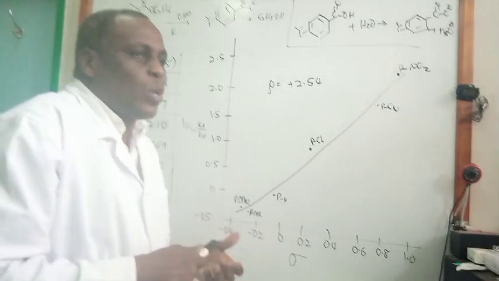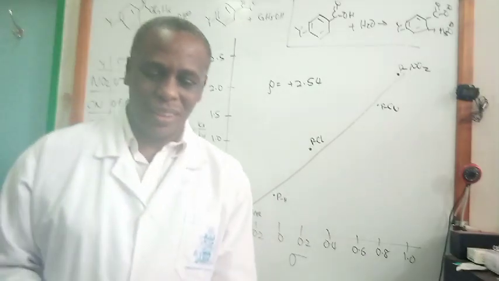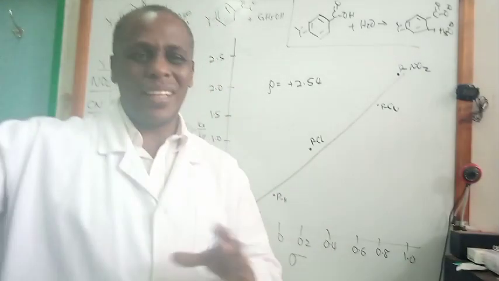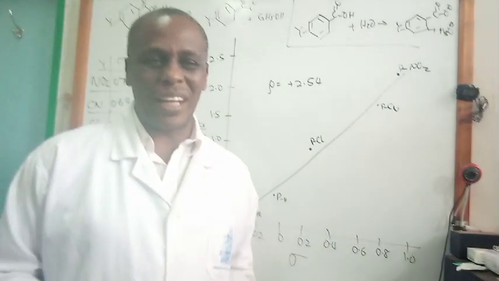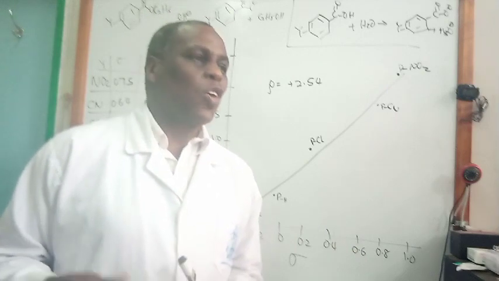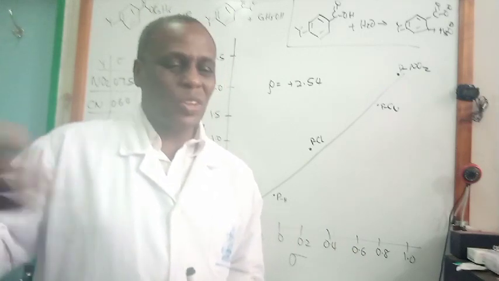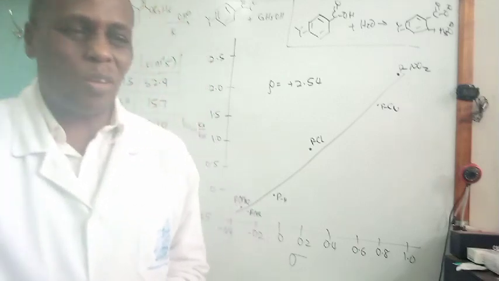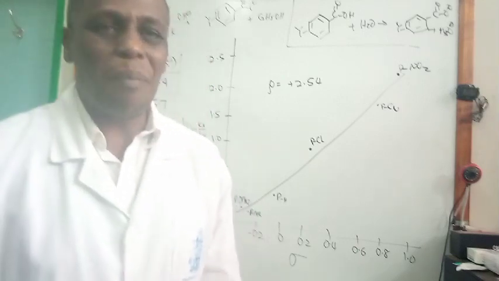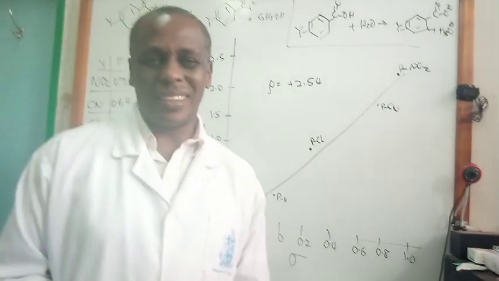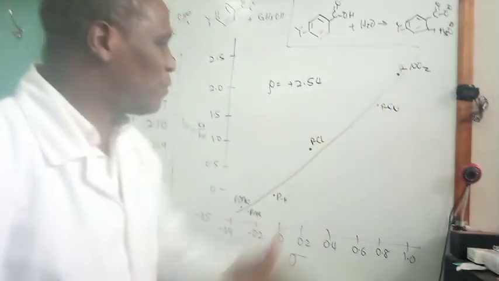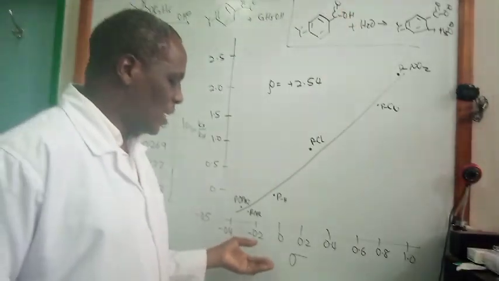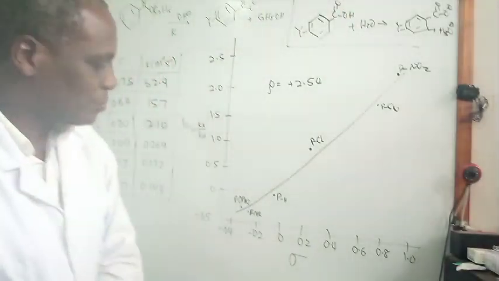The ones which were withdrawing electrons from the benzoic acid, either via induction or via resonance, causing it to have a more positive charge, were causing the benzoic acid to ionize more and therefore had a positive sigma value. So the previous video was to actually generate the sigma values.